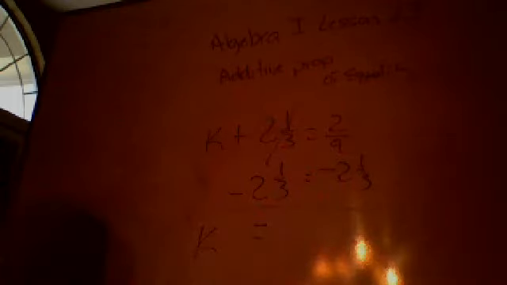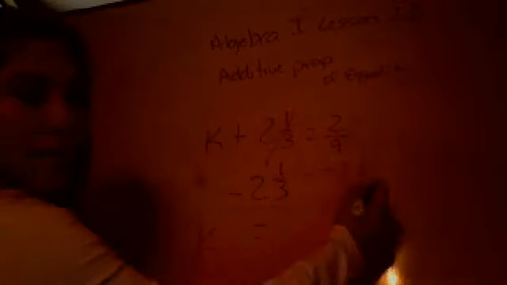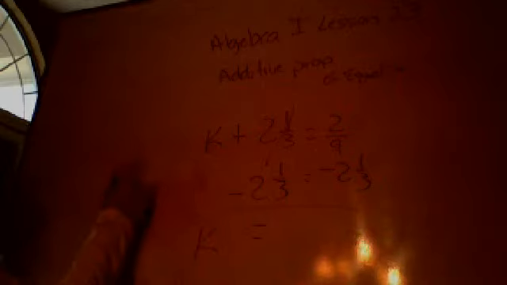But then over here you've got a positive 2/9, because there's no sign to imply positive, and a negative 2 1/3. They're opposite, so you're going to find the difference. Well, which one's bigger? Clearly the one that's a mixed number is bigger than the fraction. So I'm going to put the bigger number on top.